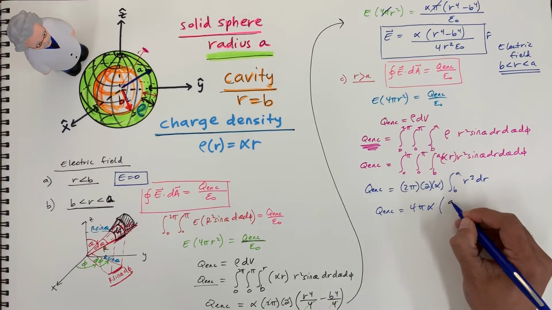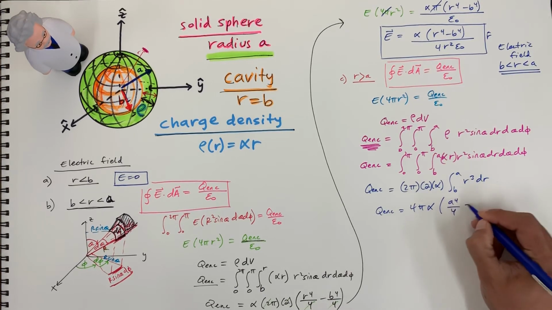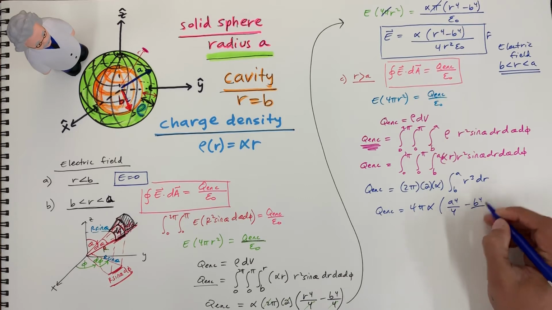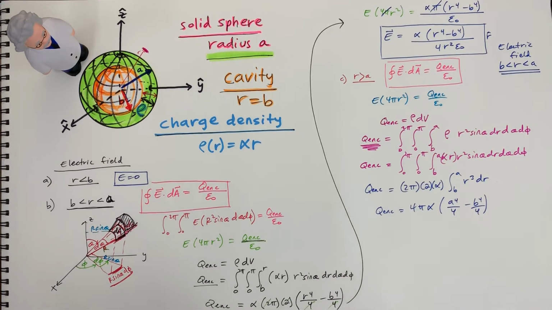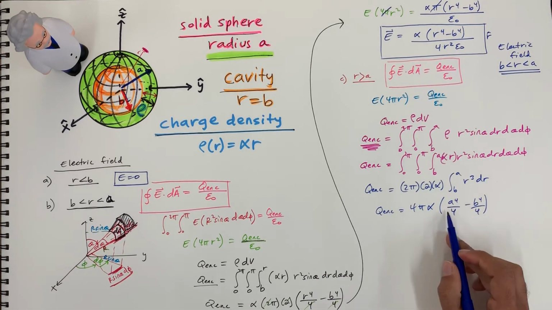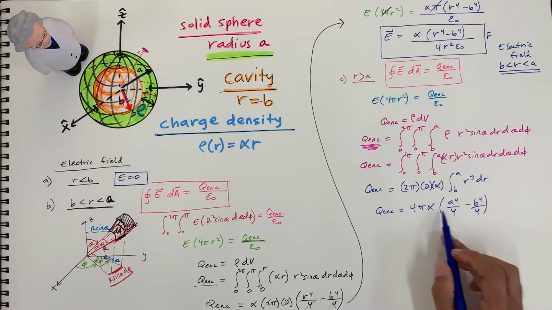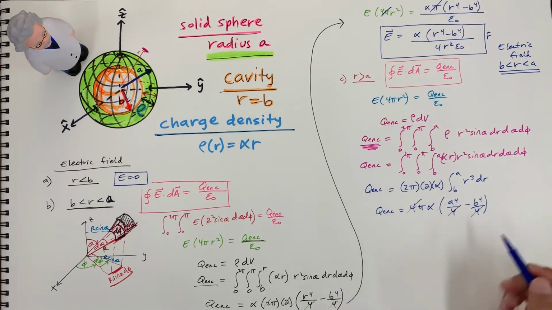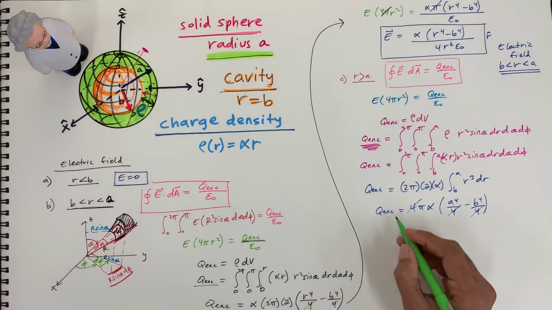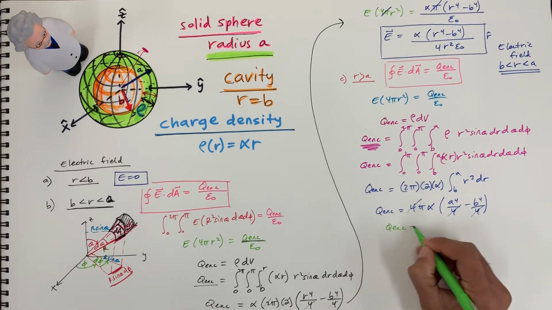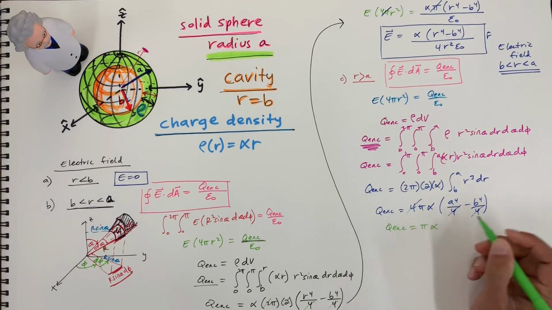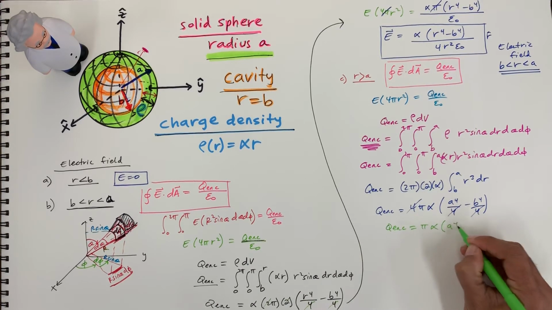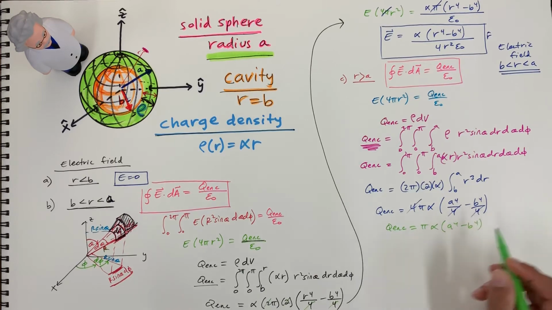So that's going to be a to the 4th over 4 minus b to the 4th over 4. All right, and if we take out this 4, it'll cancel with this 4, leaving us with q enclosed of pi alpha times a to the 4th minus b to the 4th.